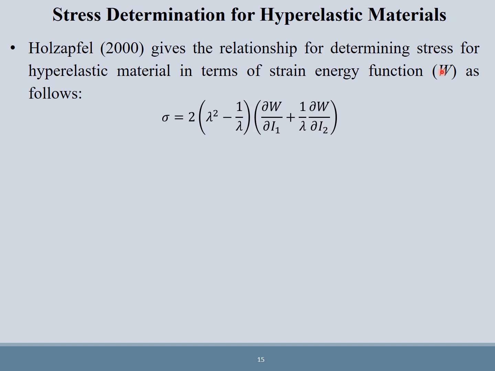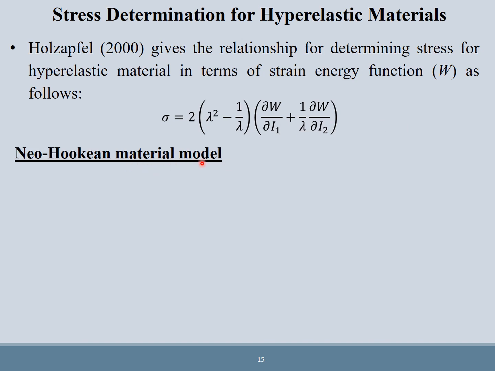I1 is the first strain invariant, I2 is the second strain invariant, and I3 is the third strain invariant, but it is not present in this formula. So this is only applicable to stretch based strain energy function with I1 and I2. If I3 is present, then this formula will not entertain the third invariant.